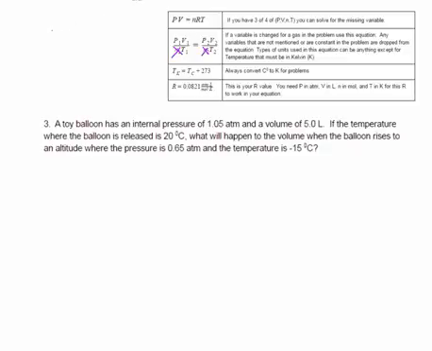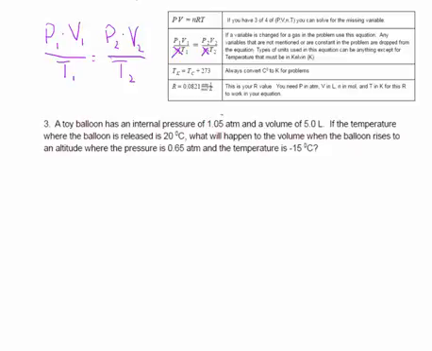So that means our new equation is going to be P1 times V1 over T1 equals P2 times V2 over T2. All right, so we should have all of these variables except for one, and we just need to plug in. So let's do that.